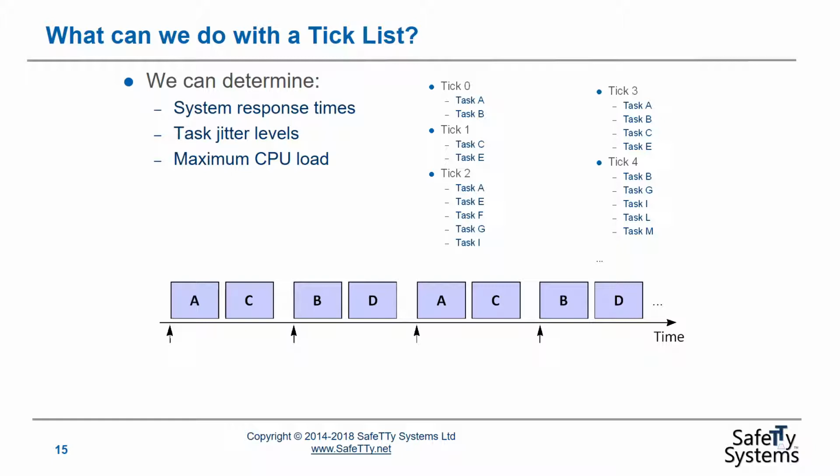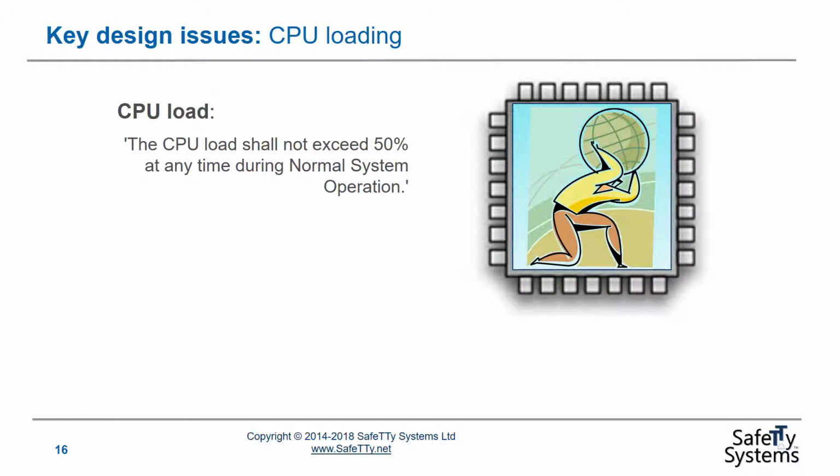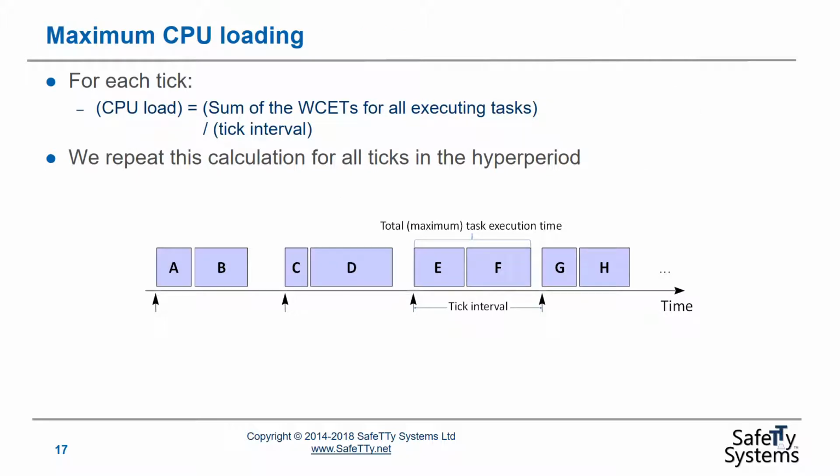Let's just look at one of these examples. There's a typical requirement in many designs that will be to specify what the maximum CPU load will be. This may be a requirement that comes in from your customer, for example. In a TT design, we can work out exactly what the maximum CPU load is by checking each tick in the hyperperiod.